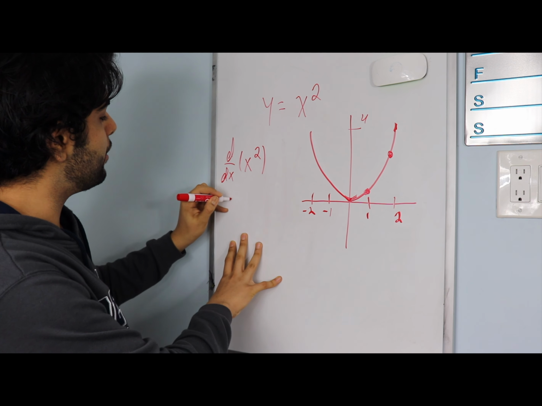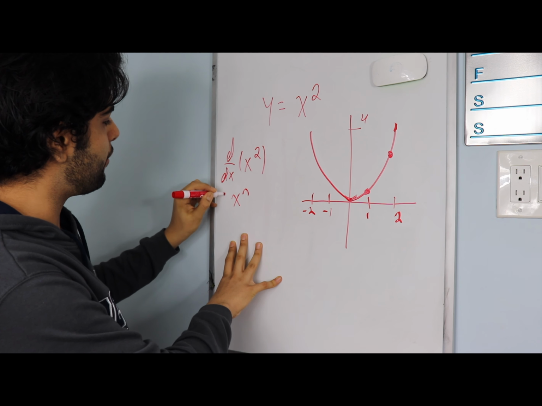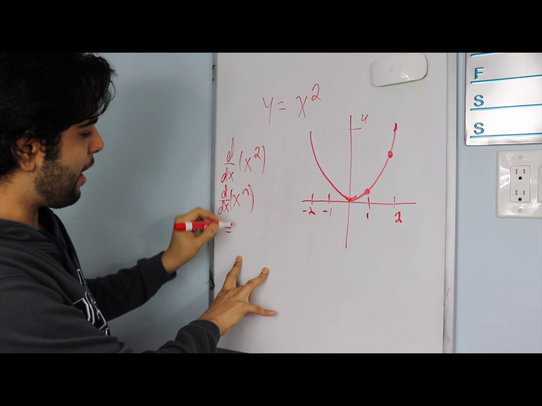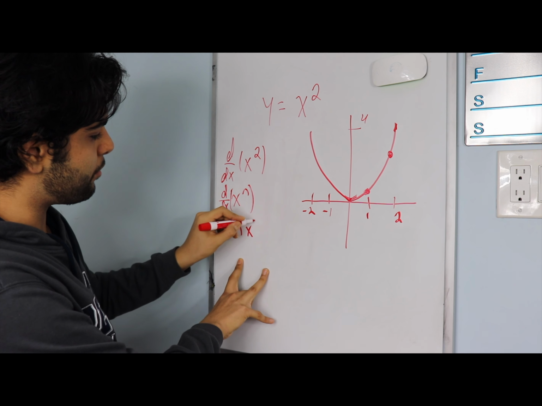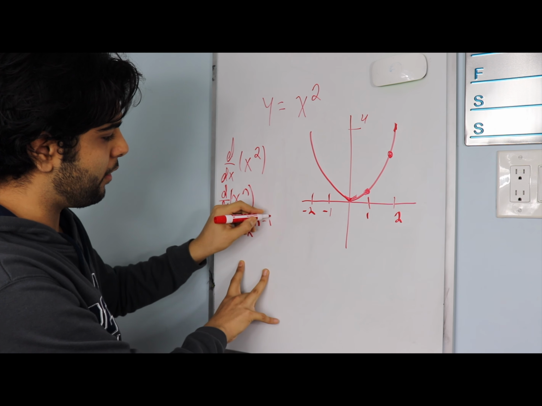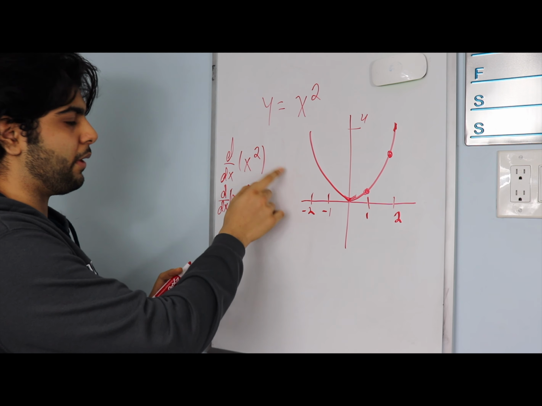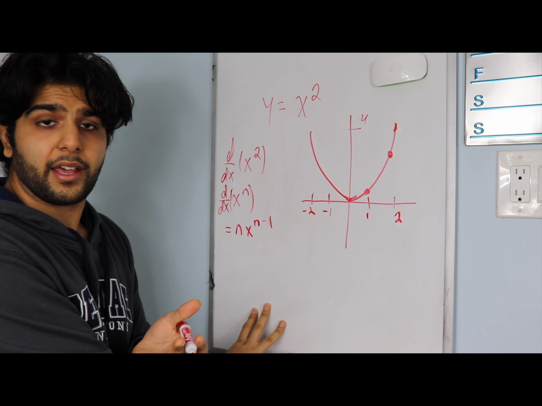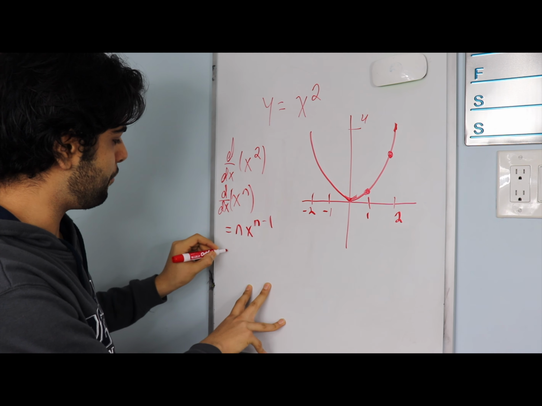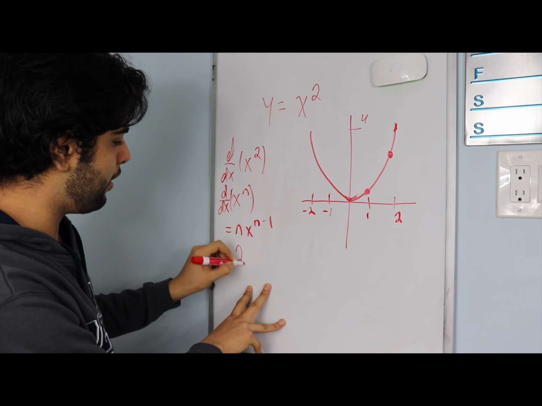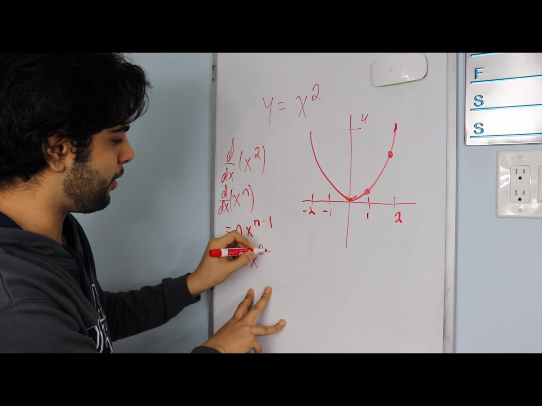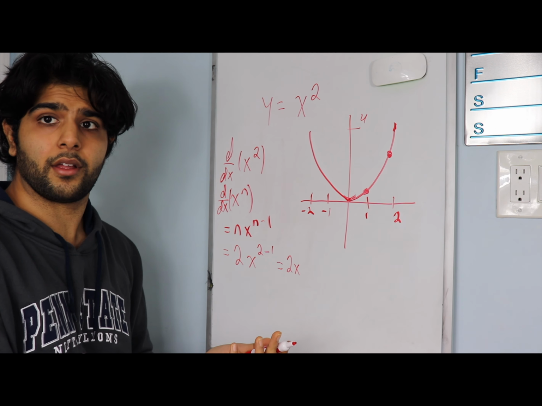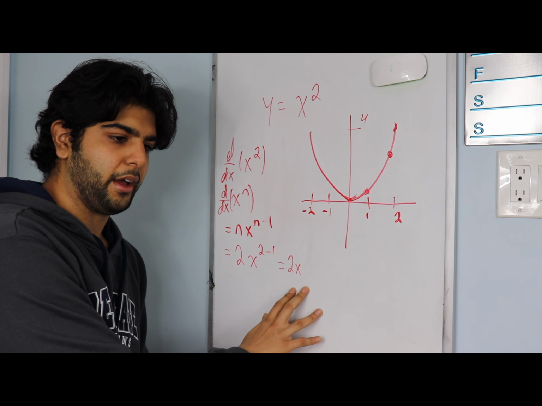In general, the power rule says the derivative is the power it has in front, and then we subtract 1 from that power. So the derivative of x squared would be 2 in front, x, and then 2 minus 1, which becomes x to the first, which is just 2x. So in this case, the derivative is 2x.